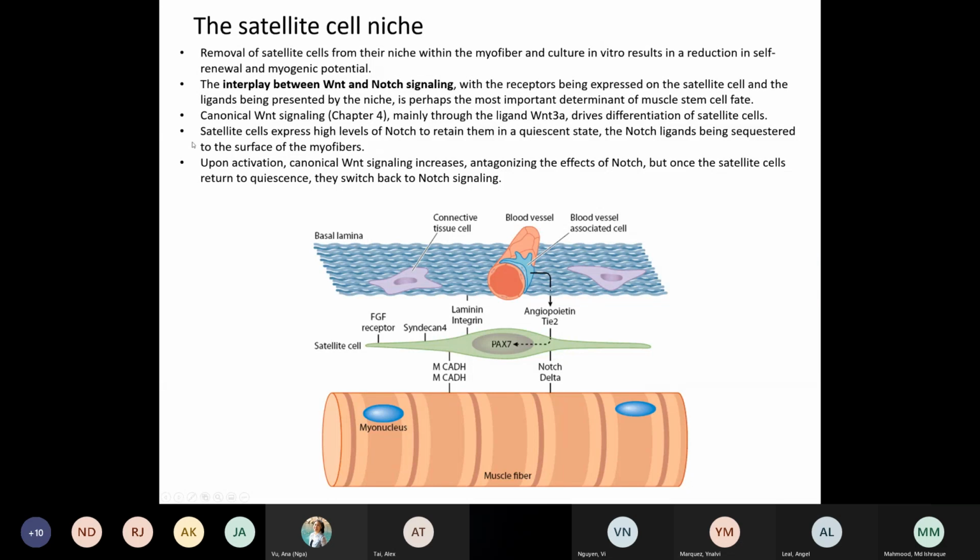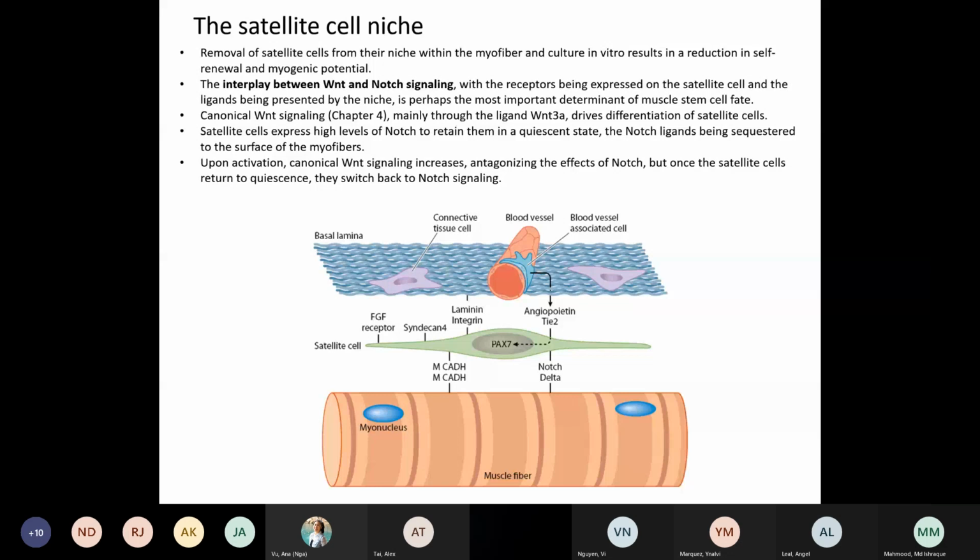But upon activation, the canonical Wnt signaling will increase, antagonizing the effect of Notch. Therefore, the cells will start to proliferate and get on the road of differentiation. So Notch and Wnt, the balance between them decides whether the cells will be in quiescence or become activated and start to differentiate.